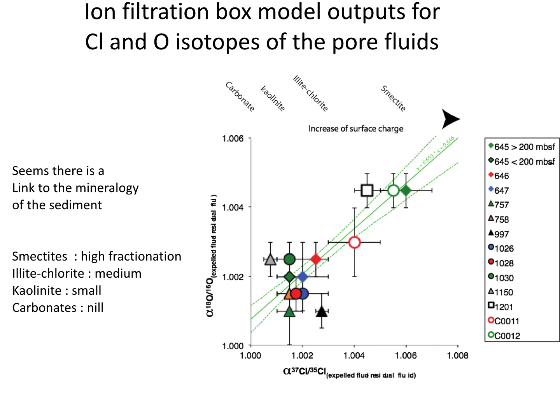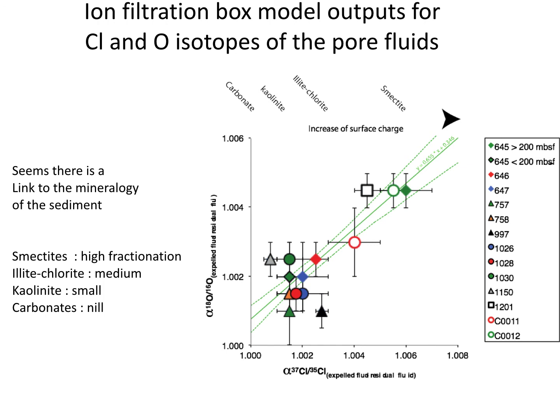Filtration model adjustments can also be made for the decrease of the delta 18O of pore fluids. When the values of the fractionations necessary to explain the oxygen isotopes are plotted against those of chlorine, a coarse line is obtained. There seems to be a correlation with the mineralogy.